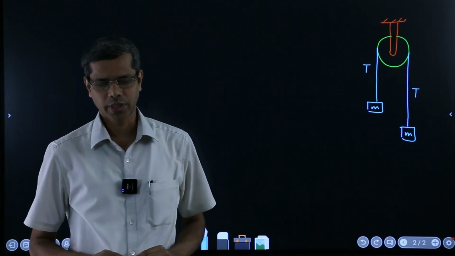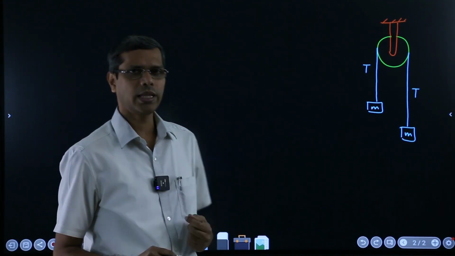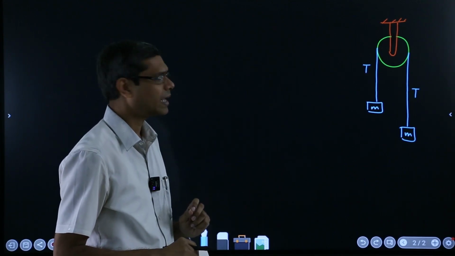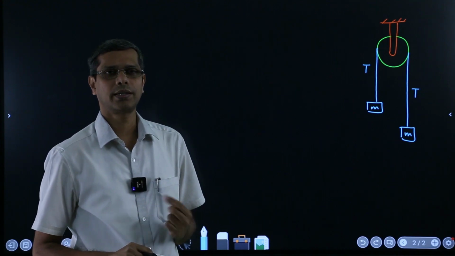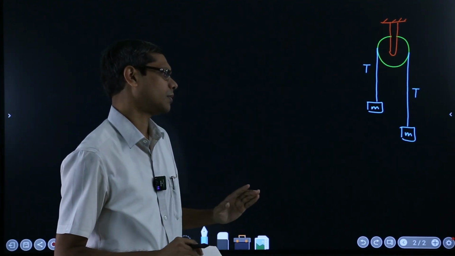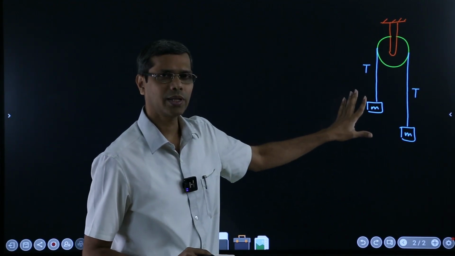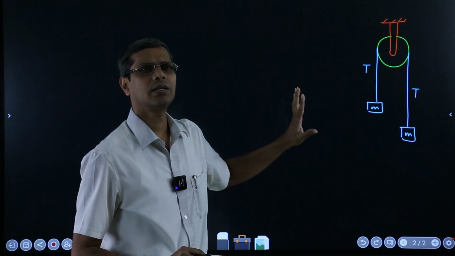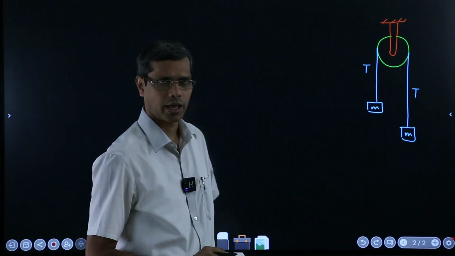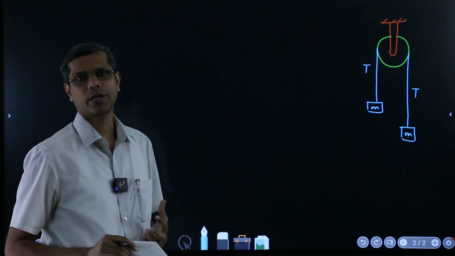Now in this segment, we will remove that assumption of frictionlessness, and that's a very important criterion, because there is another application, in fact. This is one application where friction should be as little as possible, but there are other applications where we must have friction.